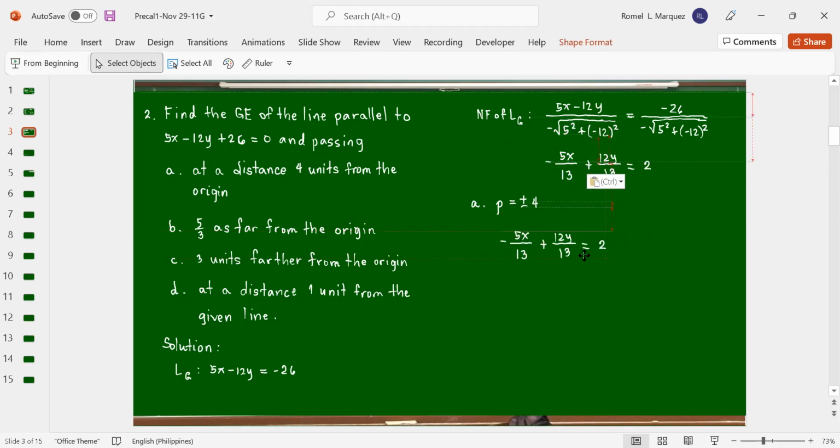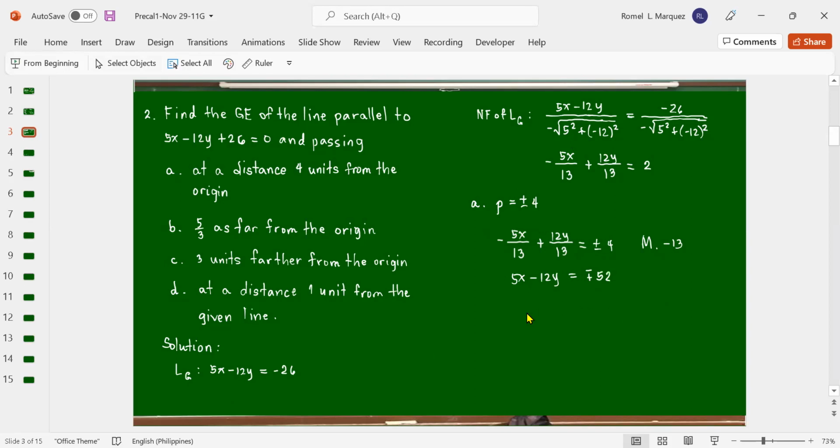We just change the P. Remember, if parallel, we copy the left side: same coefficient for x and for y. They only differ in their P values. Why from the normal form, not from the general? Because we are given information about the P. So plus or minus 4. Multiply by negative 13, we get 5x minus 12y equals plus or minus 52.